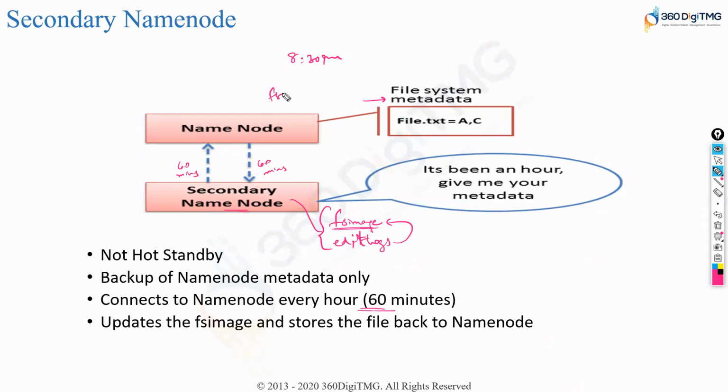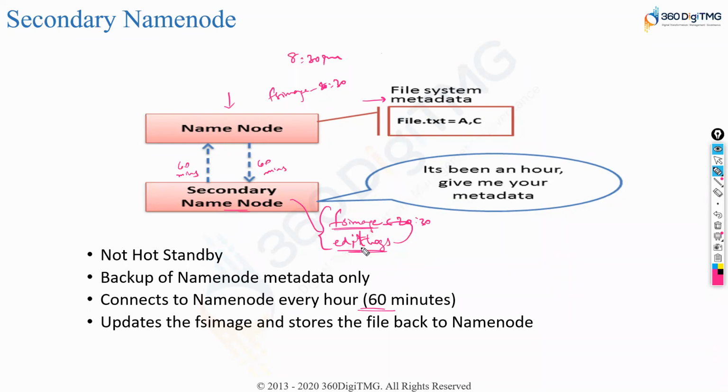So here we will have fs image underscore 8:30, assume, right? 8:30 p.m. You can say 20:30. Now, after 1 hour, whatever transactions that we are doing here are getting recorded in edit logs, right? That edit logs file will also get copied, and this information is getting updated into this old file.